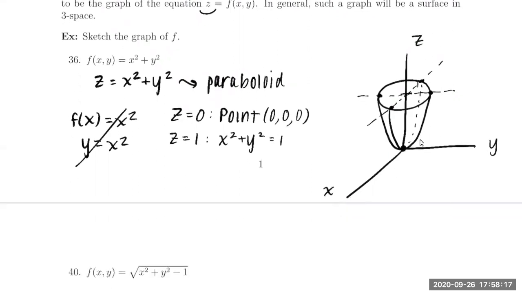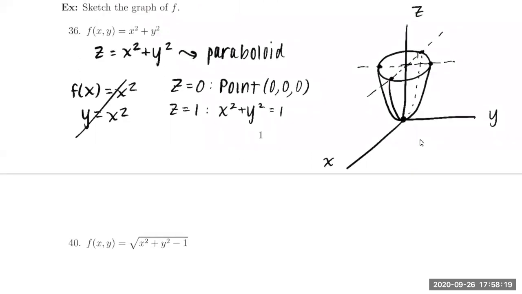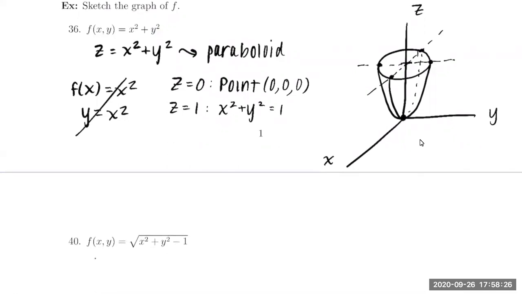We have one more example here. In 40, we have f of xy equals the square root of x squared plus y squared minus 1. So the first thing we're going to do is we're going to replace that function notation with z.